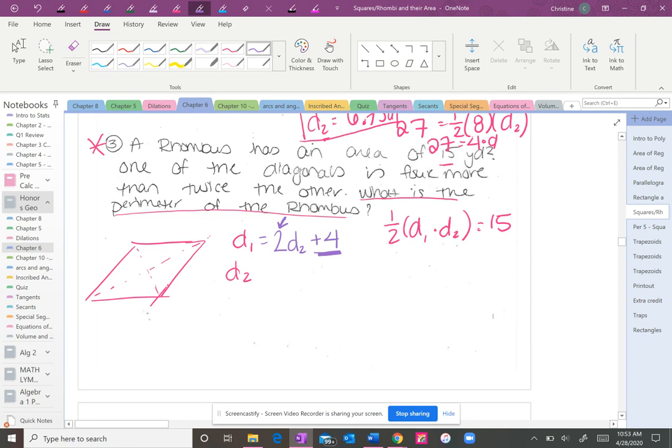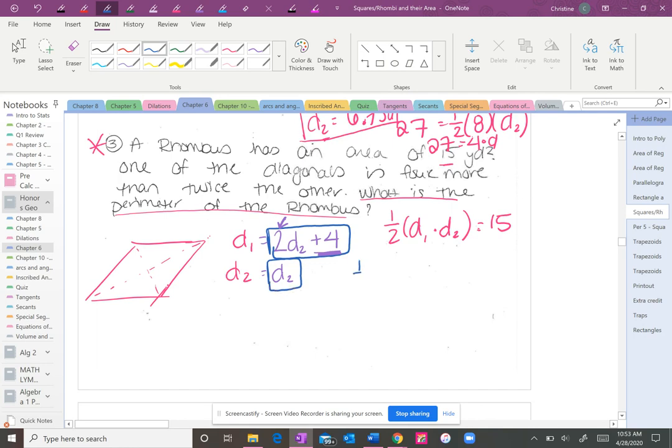So if you're already talking about D1 in terms of D2, you're just going to leave D2 alone. Now, this can get a little bit confusing because we are going to multiply these together because this is your new expression for D1. This is the expression for D2.